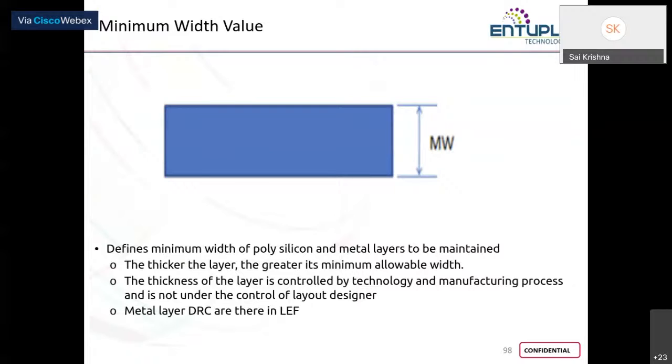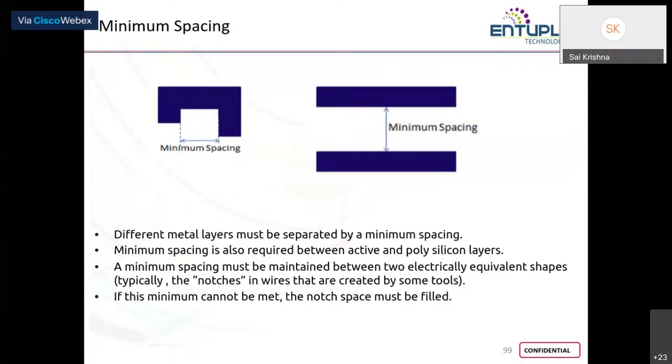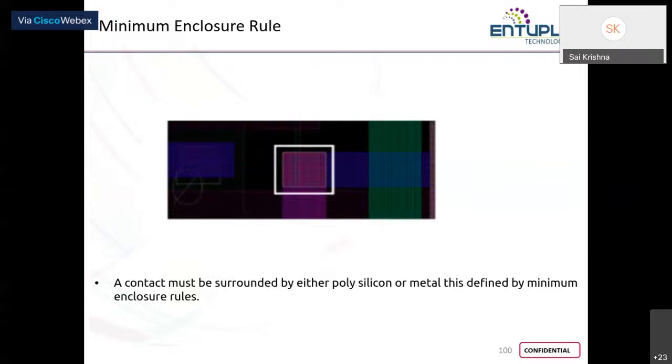There's the minimum width, which I believe all of you would have understood from the full custom flow. Then the minimum spacing between two layers. The minimum enclosure rule defines the minimum area for a via where it has to make contact. If that contact is not made, then the connection between the higher and lower layer will not be proper.